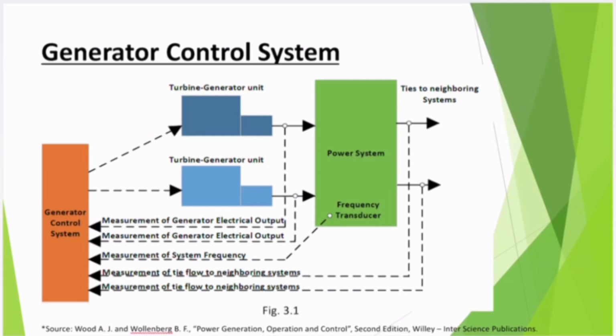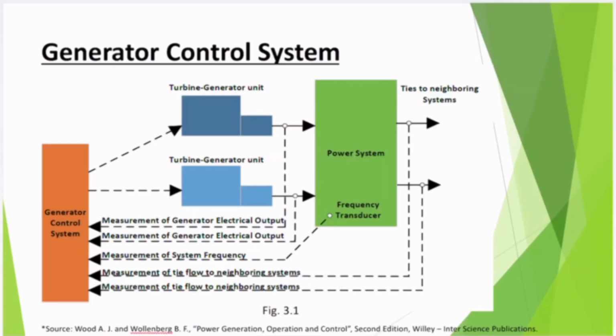For that, we need to have control mechanisms to control your operation. And you could see that there is a general control system which receives many signals from different corridors. That is, signals from the turbine generating units, and if you have many turbine generator units, then each and every unit must communicate to your generation control system. And you must also have tie line power flow to the neighboring system. For example, let's say there is a power transmission between Uttarakhand and Rajasthan.